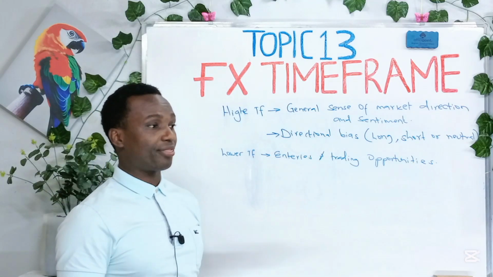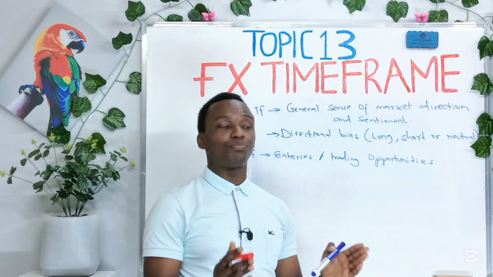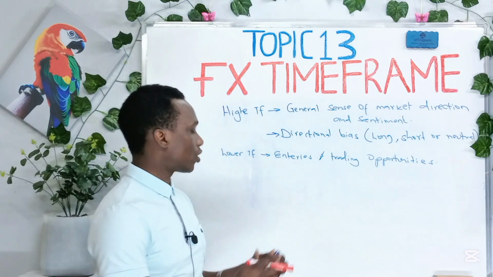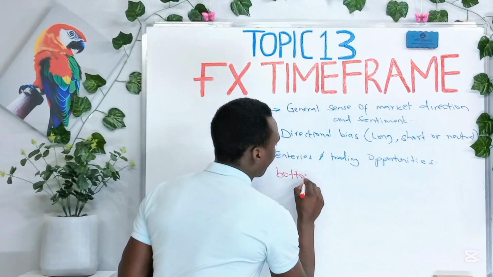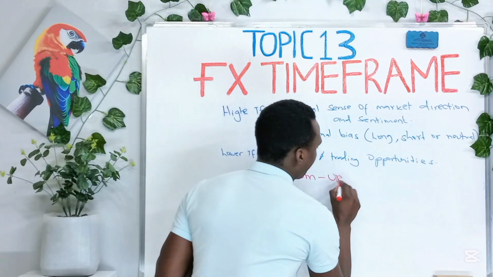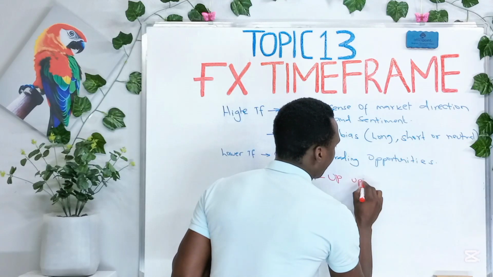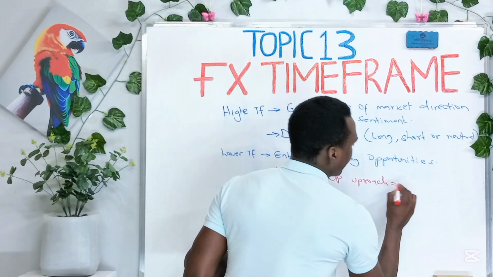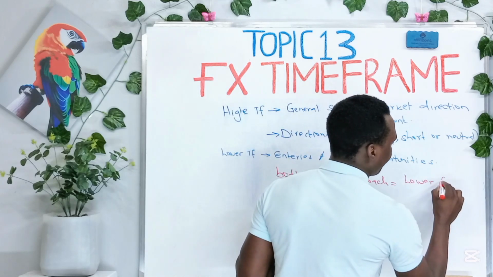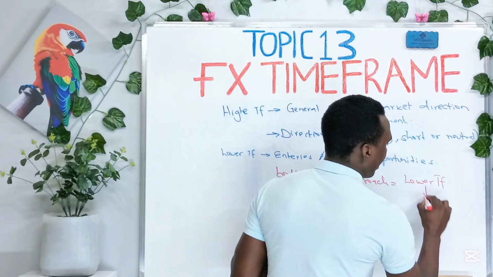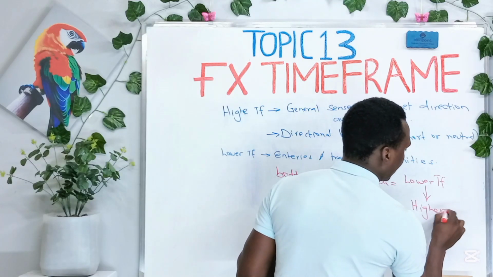This approach by most beginner traders is what we call the bottom up approach. This is whereby you start from the lower time frames, then you go your way up to the higher time frames.